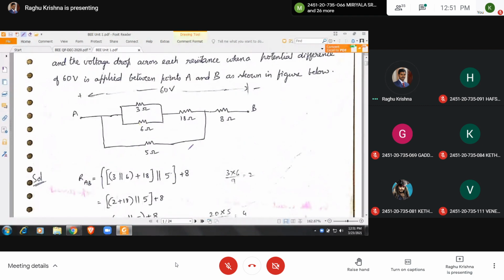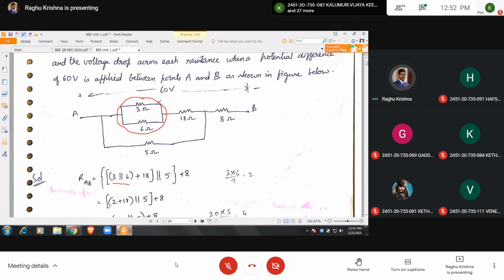See here, 3 and 6 are in parallel. So just for simplicity, for the sake of understanding, I have written like this. See here, I can combine and find the equivalent resistance of 3 ohms and 6 ohms. 3 and 6 are connected in parallel.